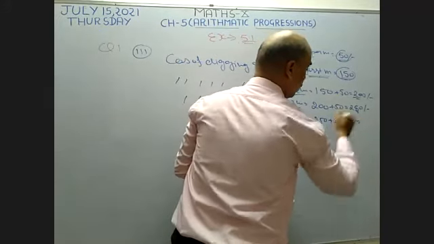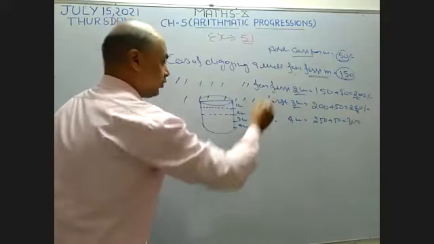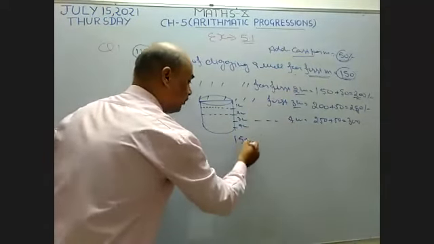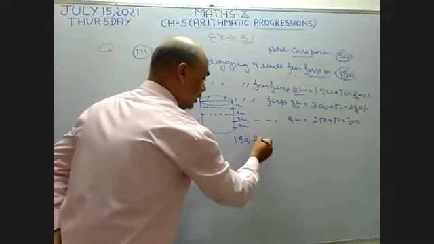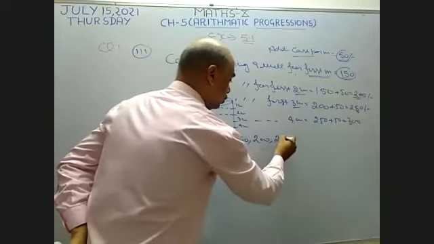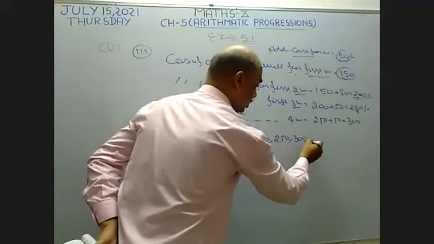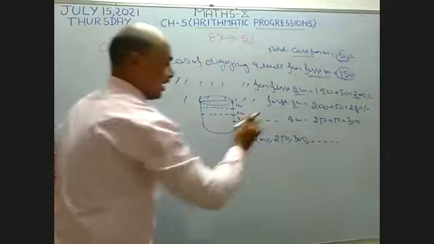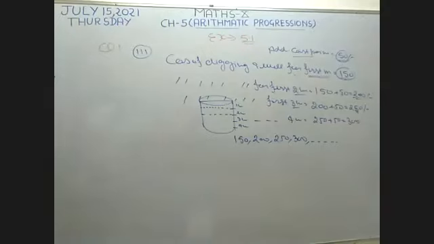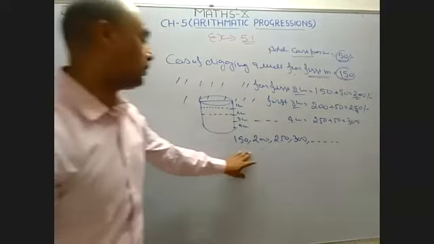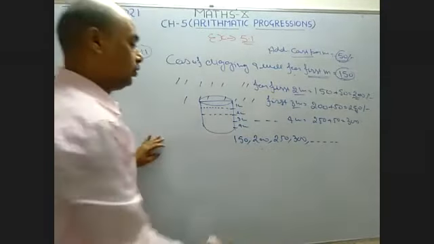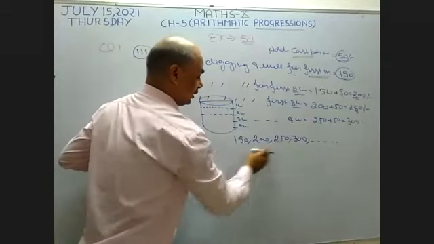Now the sequence becomes: for the first meter, 150. For the second meter, 200. For the third meter, 250. And for the fourth meter the cost is rupees 300. In the same way, the extra cost is there. Now I want to check whether this sequence represents an AP or not. So I want to check the difference between all the given terms.